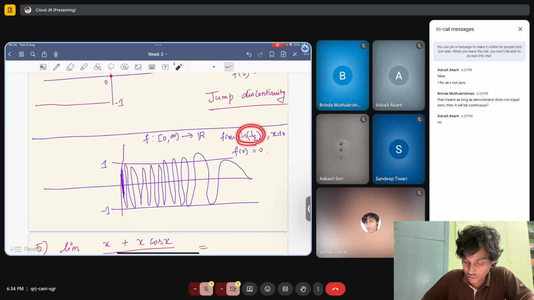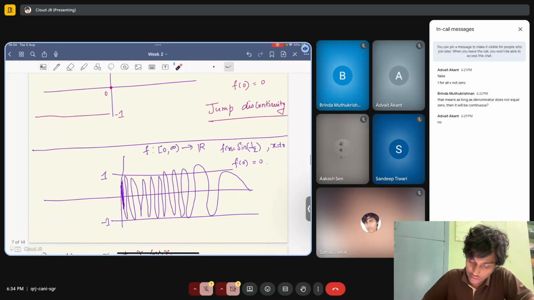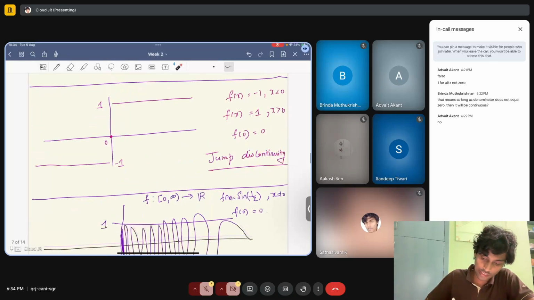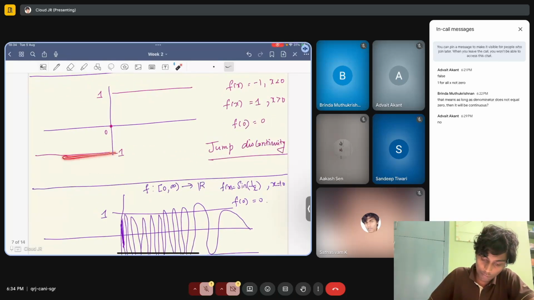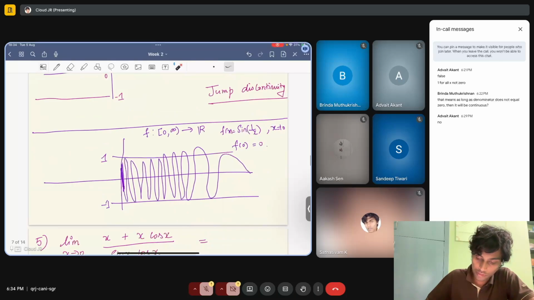The limit of this function at x equal to 0 itself does not exist. In the jump case also it does not exist, but we have a jump there. Here it also does not exist, but it is a little bit different.